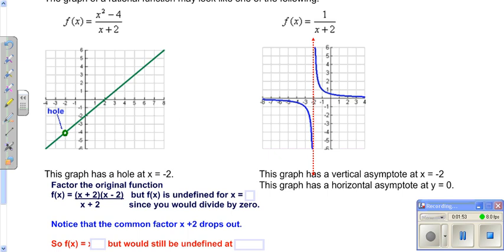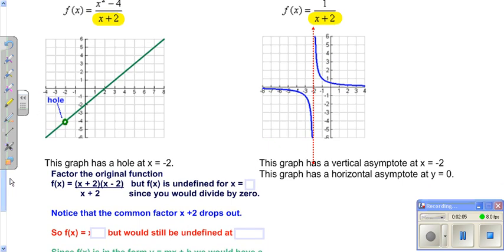We have a problem at x being negative 2 because when x is negative 2, it causes the bottom to be 0, and we know we can never divide by 0. So, when the bottom ends up being 0, you may have a vertical asymptote or you will have a hole, one or the other. It won't be both at the same spot.